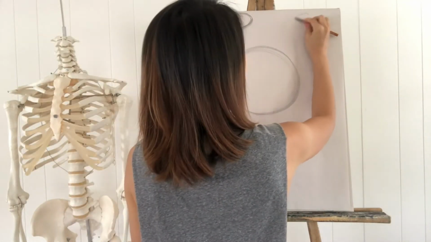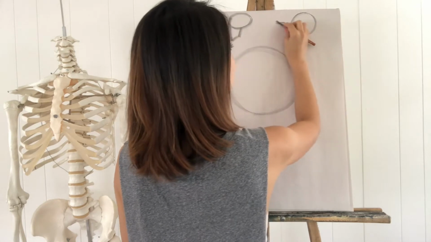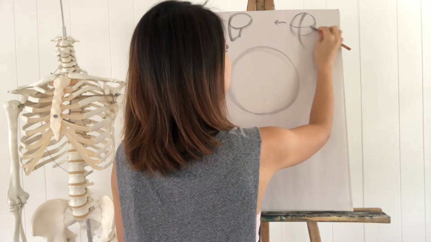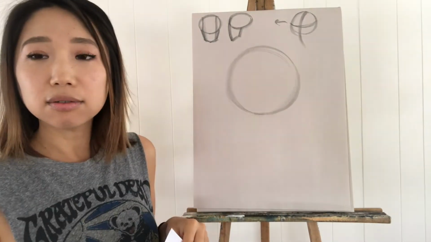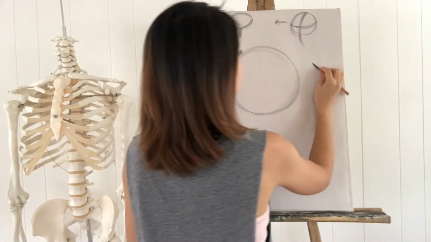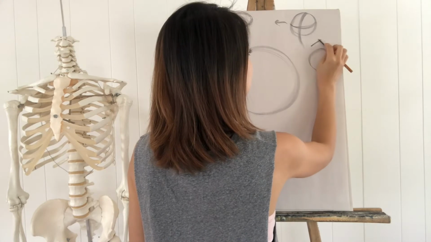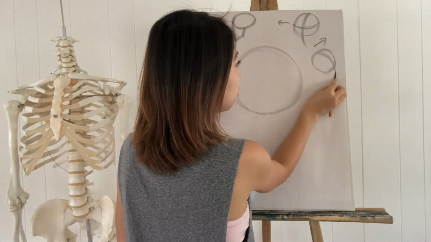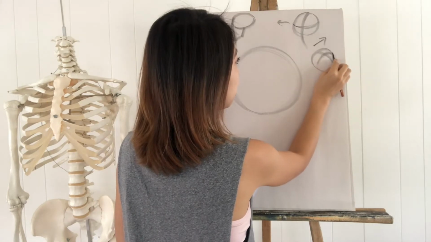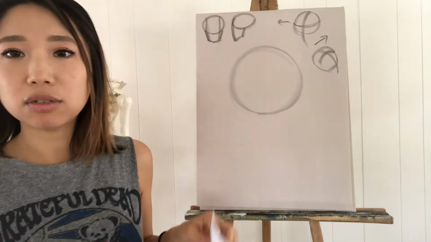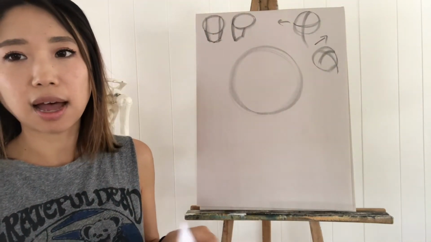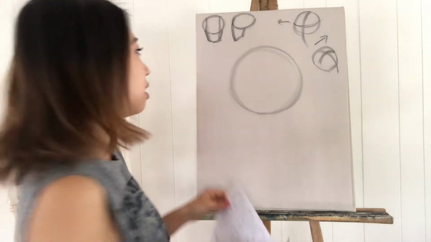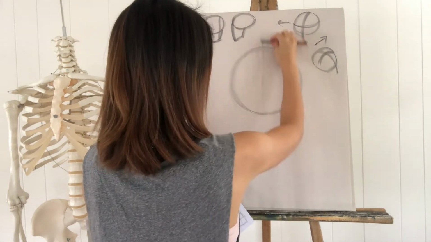But if the person is looking at a 45-degree angle this way, then the cross starts becoming more like this angle. And if the person is looking up this way, then the cross starts becoming more like this angle. Just imagine doing the cross contour drawing, and that will help you to figure out which way the model is looking. But this one, we're just going to create the cross.